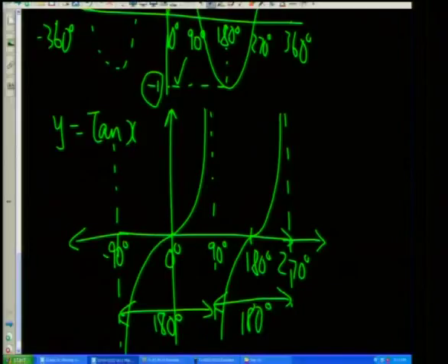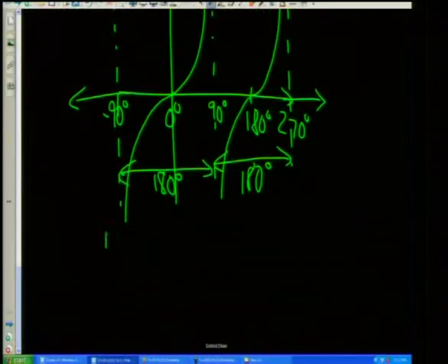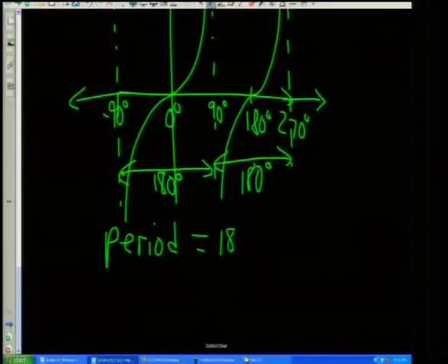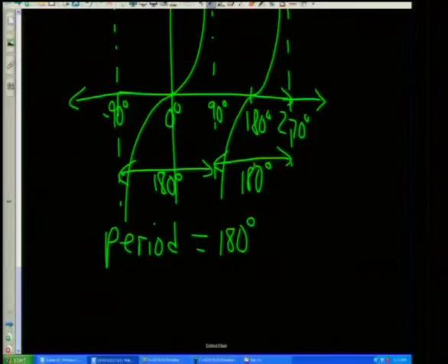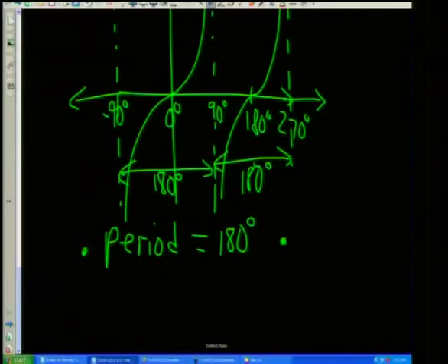So the period for a tan function is going to be 180 degrees. So it repeats itself every 180 degrees. All right. So remember I talked about asymptotes. I just want to pick on all the features there. So it's the period. It also has, in addition, asymptotes.